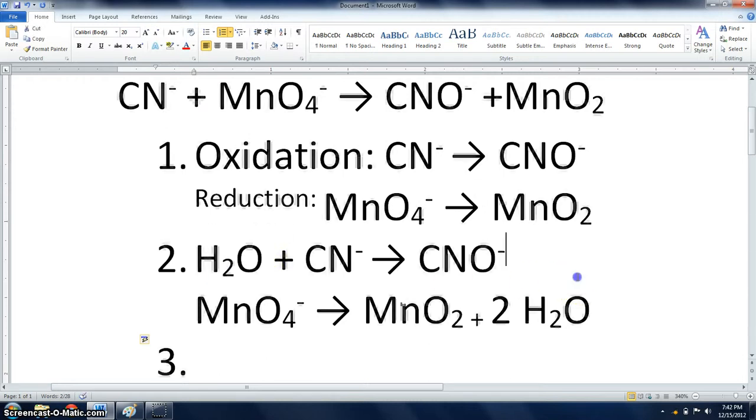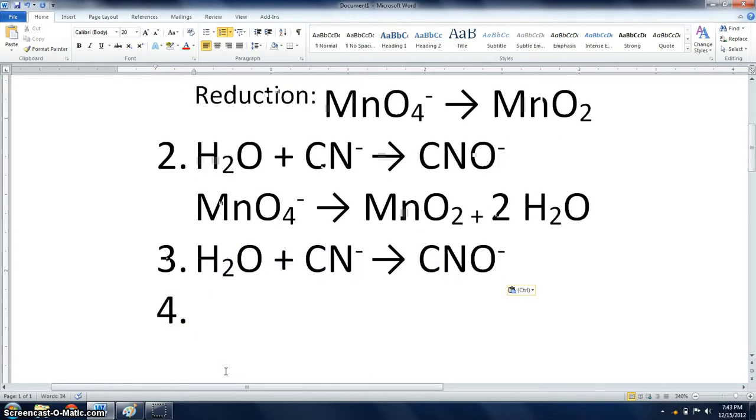Means we're going to have to add 2 hydrogens on this side. And now we have 4 hydrogens here. So we're going to have to add 4 over here.